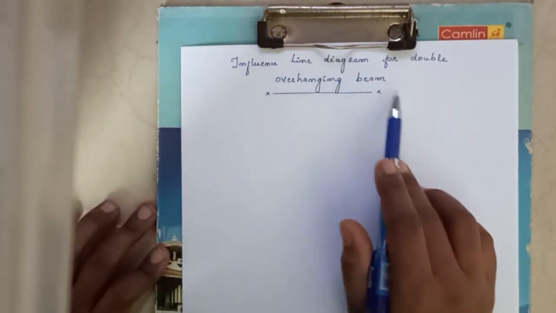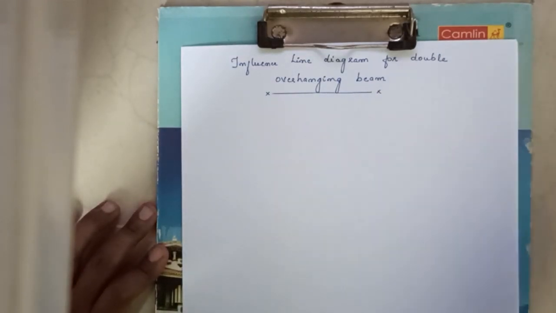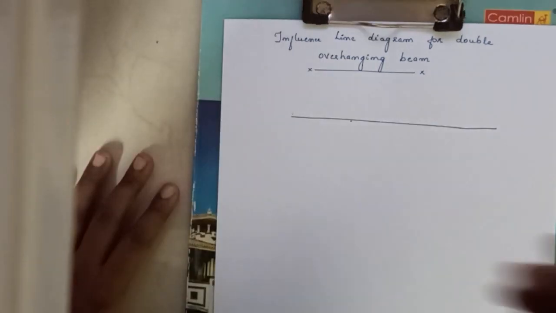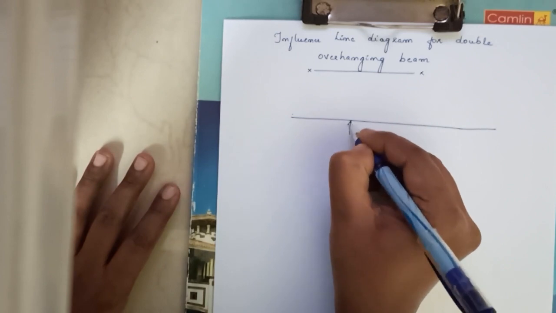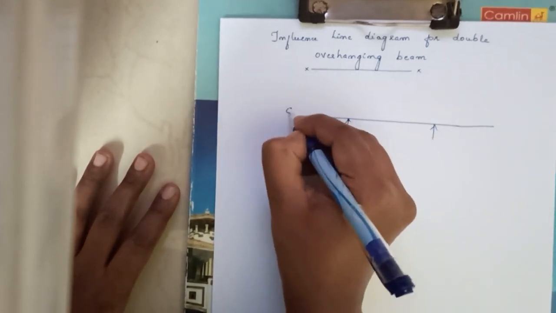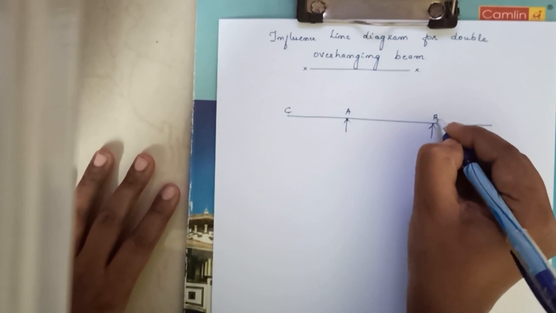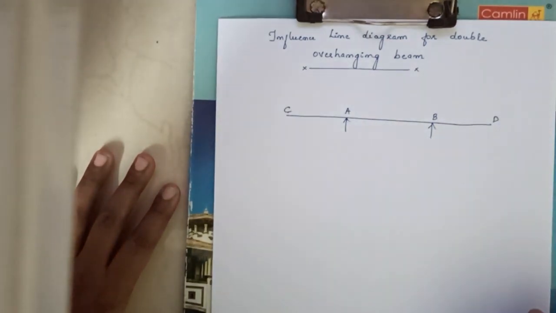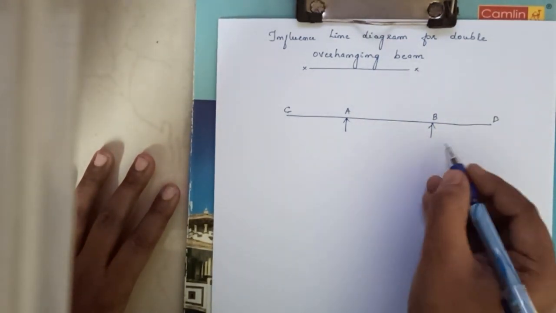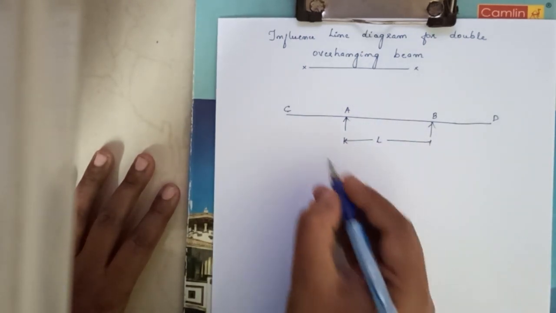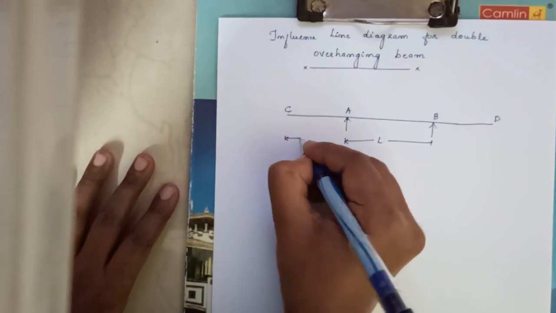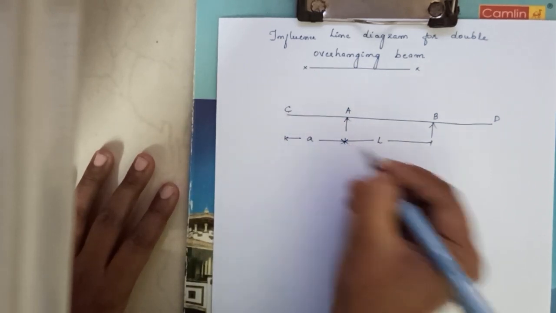Next is the influence line diagram for a double overhanging beam. Consider a double overhanging beam, that is C A B D. This segment AB has a span of L. This CA has a span of small a.